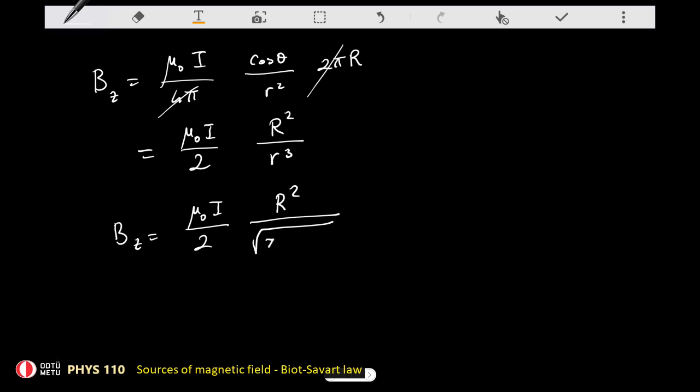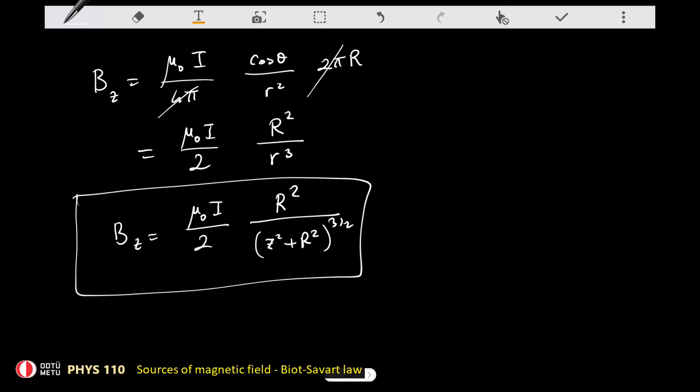So this is z squared plus r squared. I made a mistake in here. I am going to write the power 3 over 2 in here. So that's the final expression. That's the expression that we are looking for.